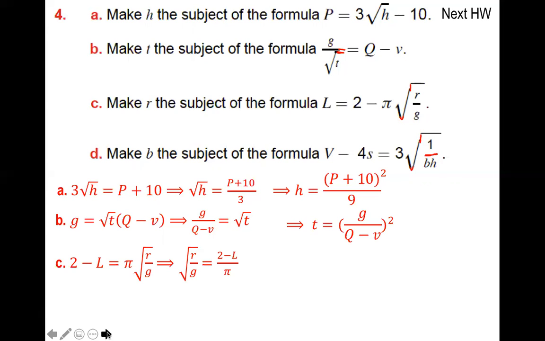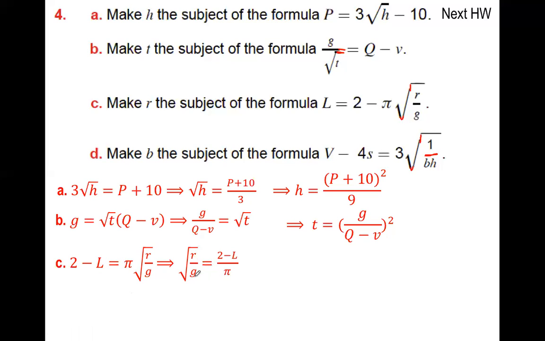And the last one, oh, there's another one. So I've got r as the subject. Okay, so I'm going to get rid of the 2. 2 minus L equals pi. So then you divide by pi. Remember, pi is just a number, 3.14159, etc. So you divide by pi. 2 minus L divided by pi.